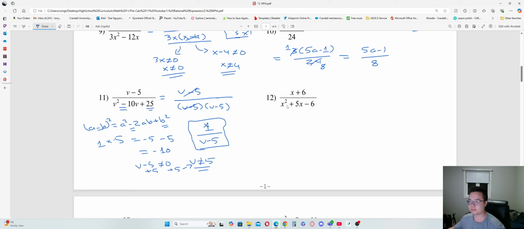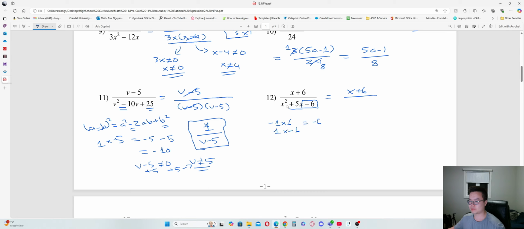Next we have x plus 6 over x squared plus 5x minus 6, and this will be our inspection factor. Remember what we did from last episode. We need to find numbers that multiplied together give me minus 6, but also when we add they give me positive 5. So we only have one choice here, either minus 1 times 6 or 1 times negative 6.